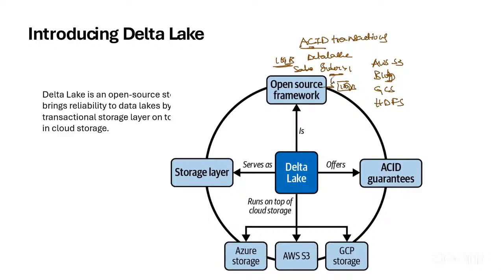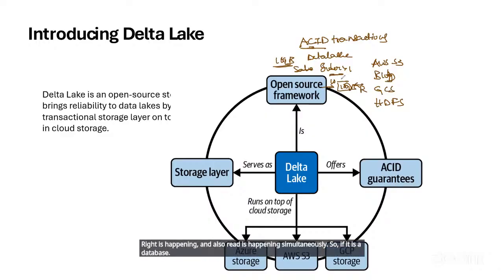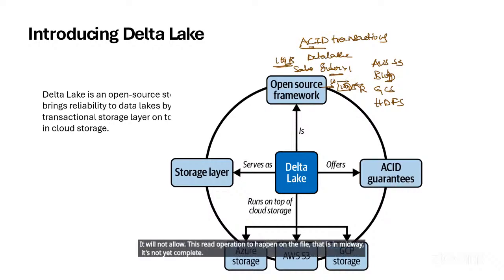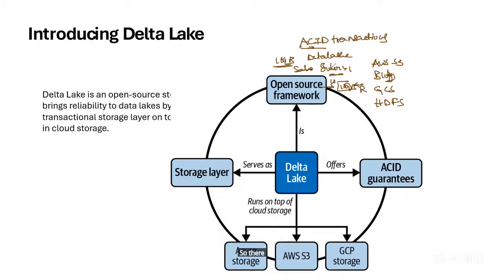Write and read are happening simultaneously. A database will not allow the read on a file that is midway and not yet complete. There are no strict rules on concurrent operations. All these are the issues with data lakes.